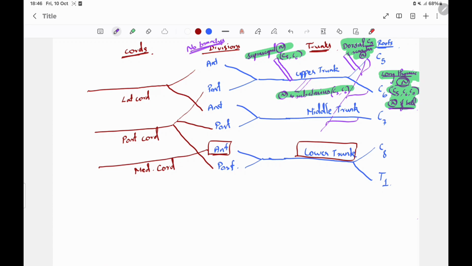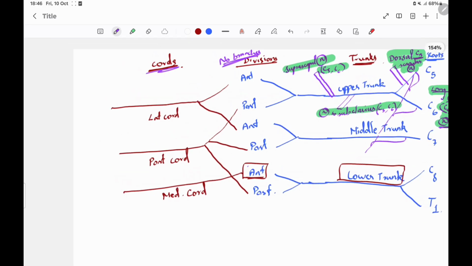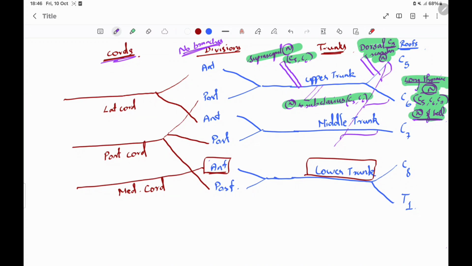So let's move to cords. It's a little tricky, but let's solve it.